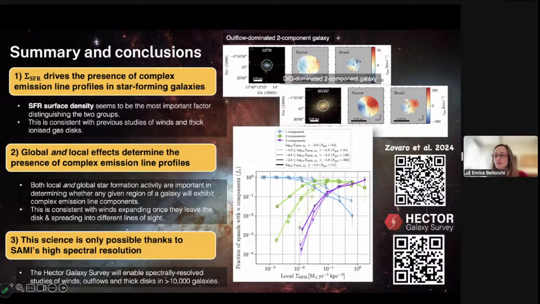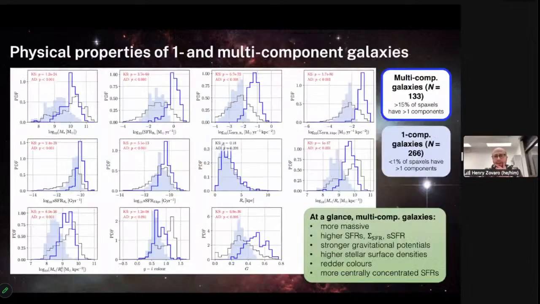Other questions? So I have one question. I was wondering if you have any information about the metallicity of your sample. Did you find any correlation between the presence of a wind and any metallicity gradients? Yeah, so I haven't looked at metallicity gradients. It is really challenging to measure gradients accurately with the resolution and the spatial coverage we have.